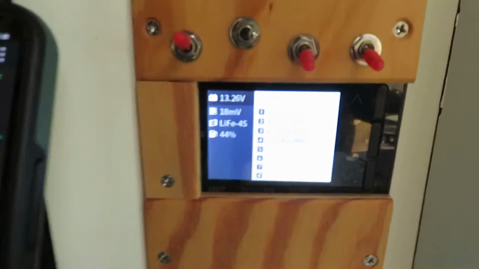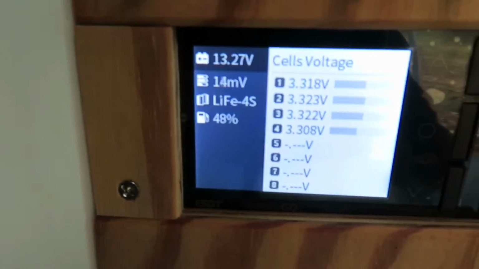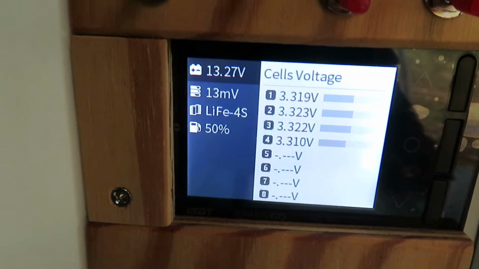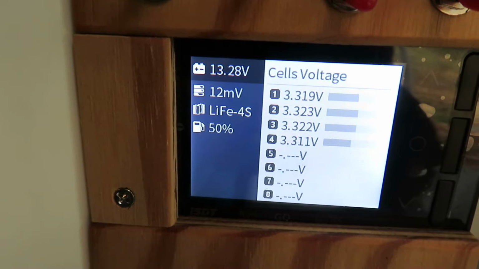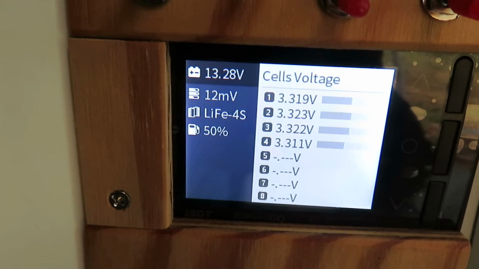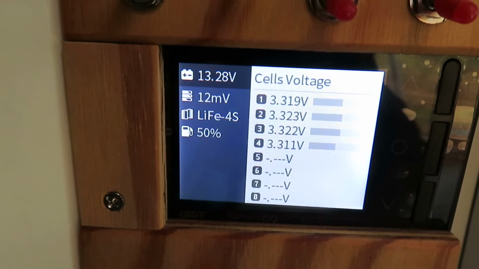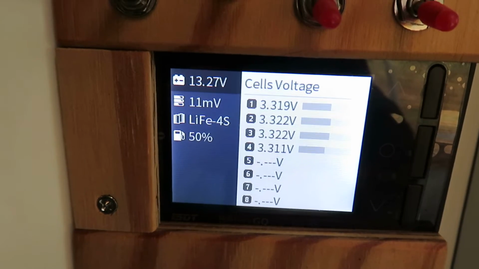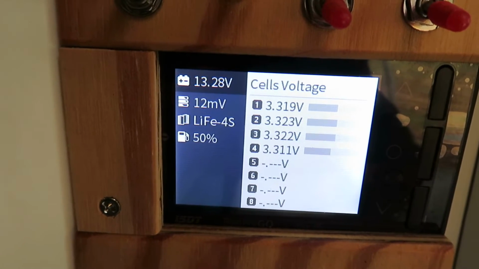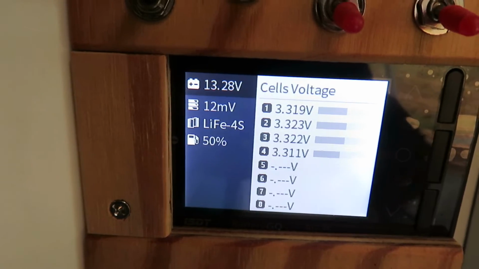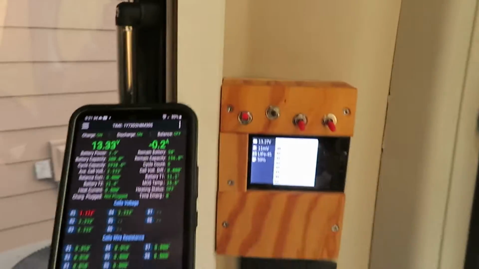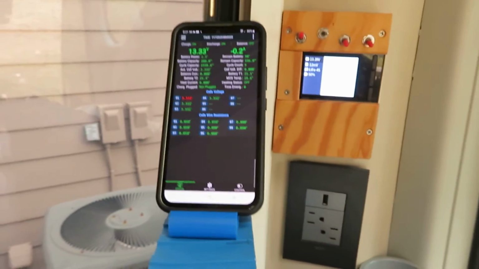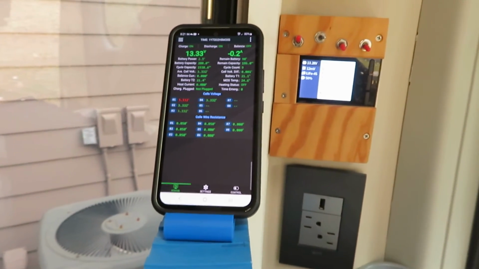So this is the right EcoTrack. The right EcoTrack is, I'm sorry, 13.28 volt. And the imbalance is 12 millivolt. So these are the resting cell imbalance.